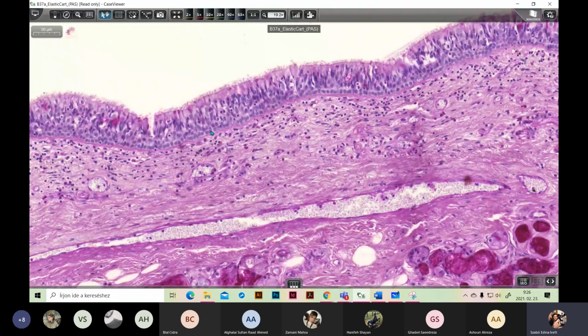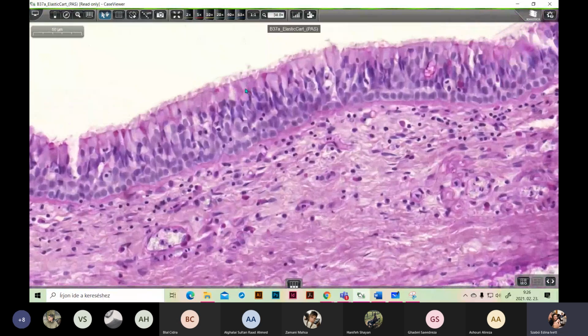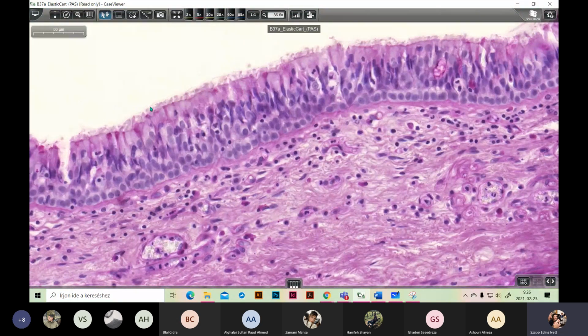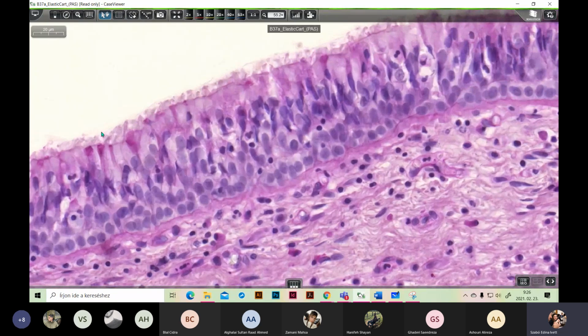The reserve cells are special for the pseudostratified columnar epithelia, and they are responsible for the regeneration. And if we have a pseudostratified epithelium, we have to decide what the surface modification is. Please tell me, what is the surface modification theoretically?